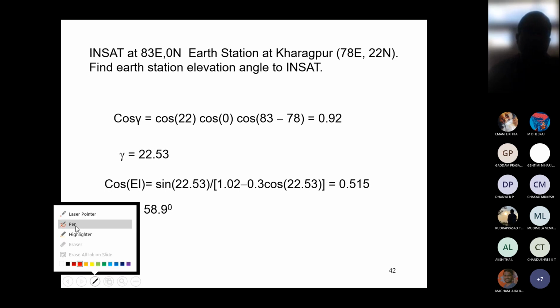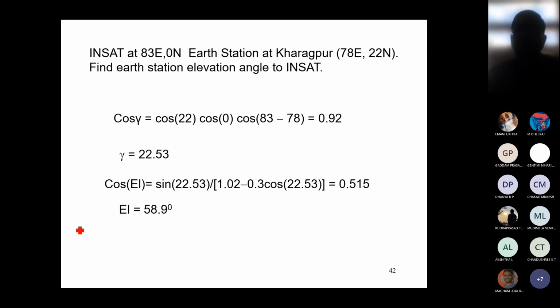We also had a conclusion that if the satellite is a geostationary Earth orbit satellite, and any base station wants to communicate with it, the DTH antenna should be elevated at an angle of 60 degree.